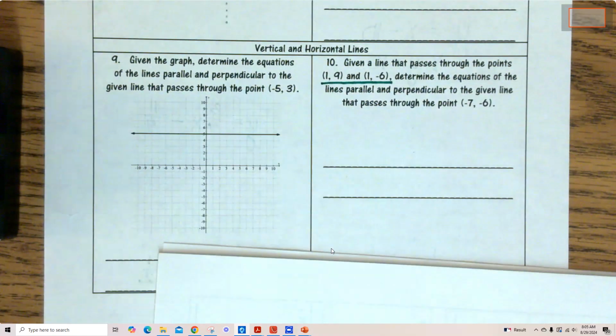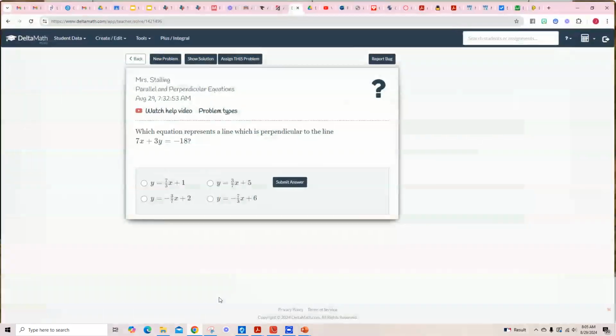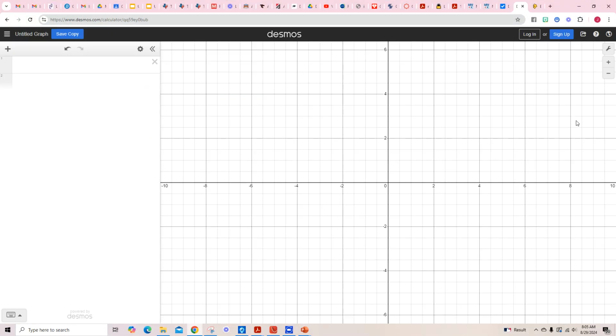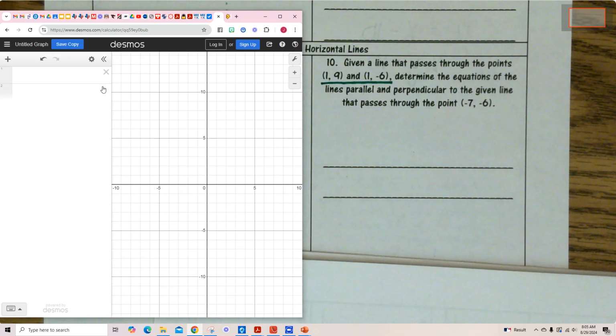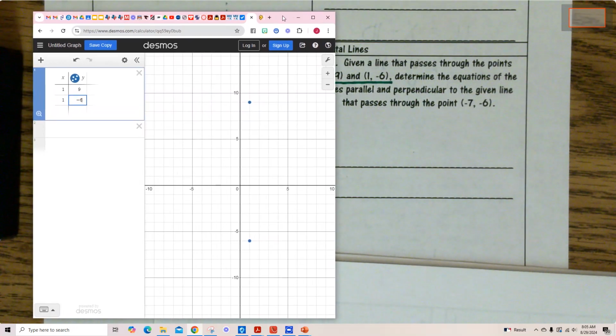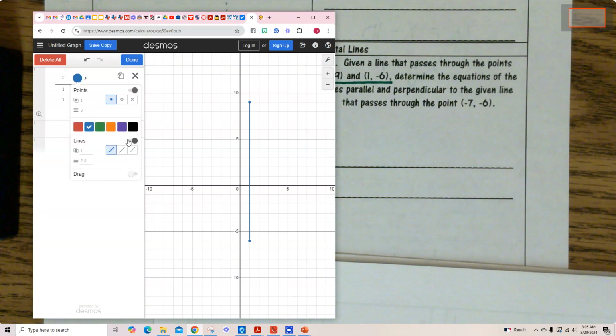Here's your given line. We can use Desmos. So let me get Desmos up here. I can type these points into Desmos, and remember I can change it to a table. And 1, negative 6, and then I can turn the line on.